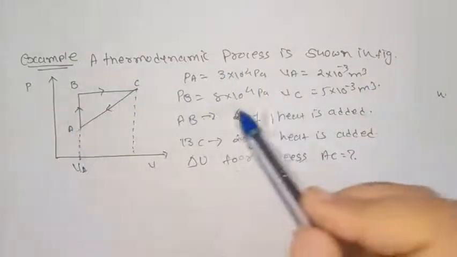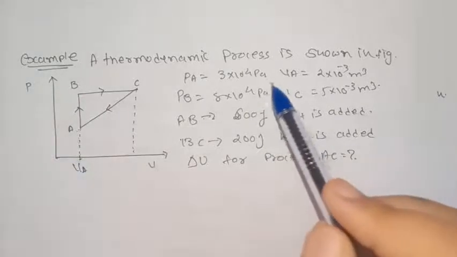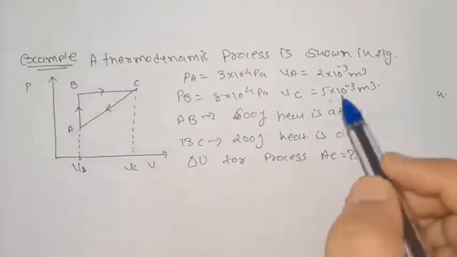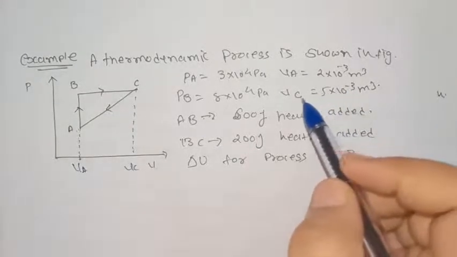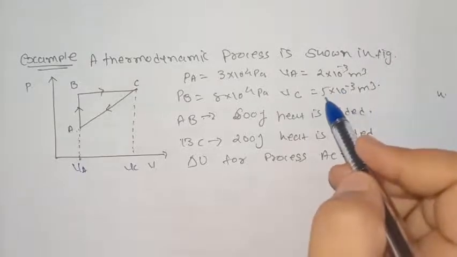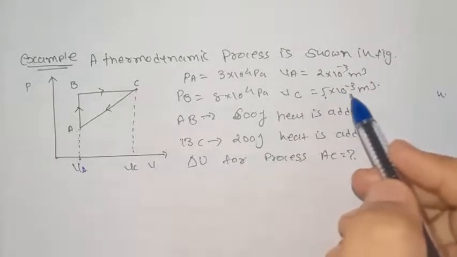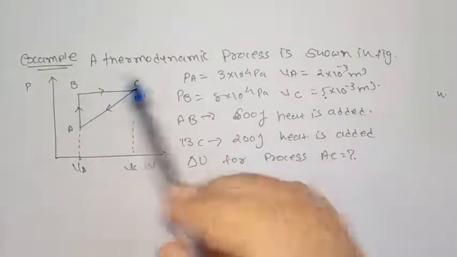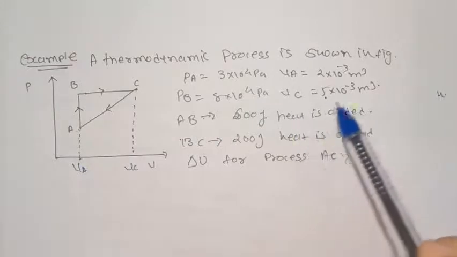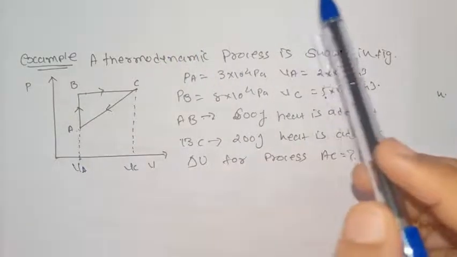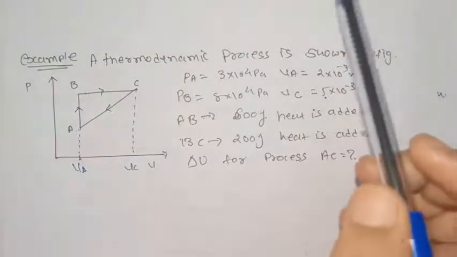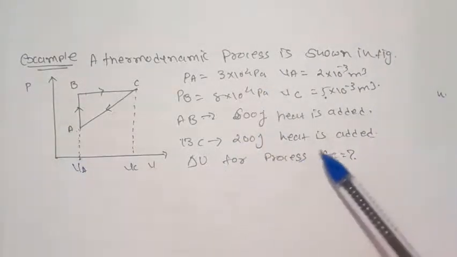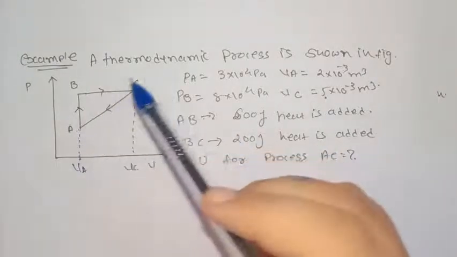Pressure at point B is 8 into 10 power 4 Pascal, and volume at C is 5 into 10 power minus 3 meter cube. During the process AB, 600 joule of heat is added, and during the process BC, 200 joule of heat is added. We want to find delta U for the process AC.